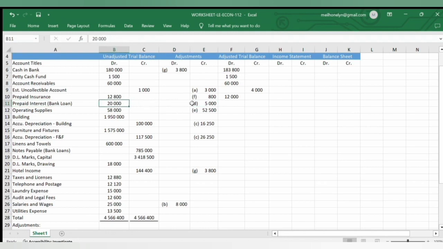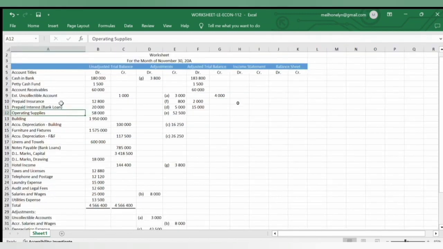So 20,000 minus 5,000 is 15,000. We plot this on the debit side since it has the greater amount. The same with the supplies: all we have to do is subtract these two since it is debit and credit. So 58,000 minus 52,500 is 5,500.